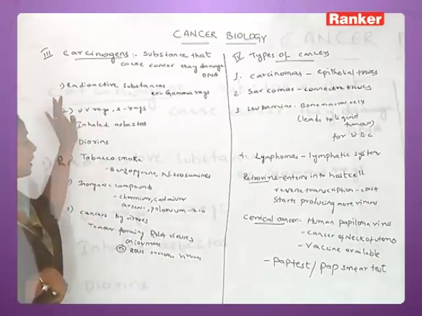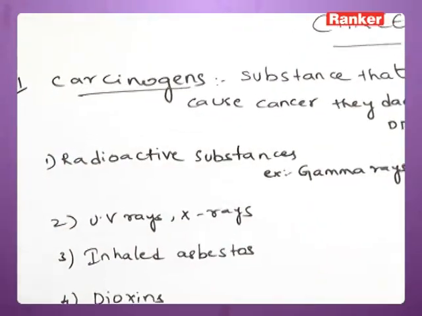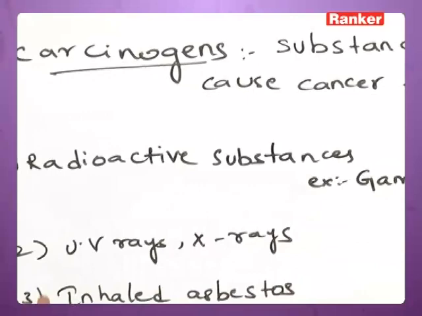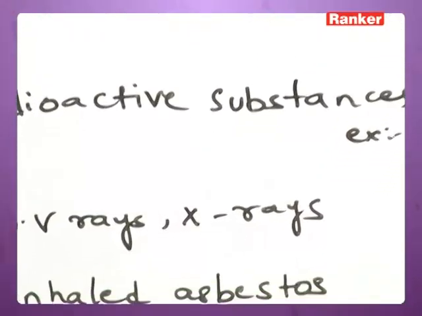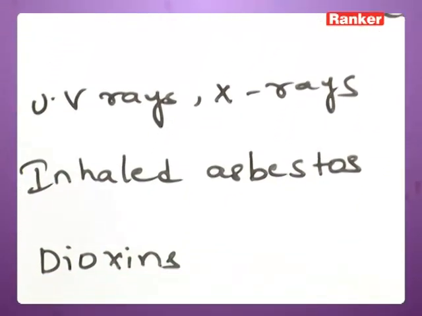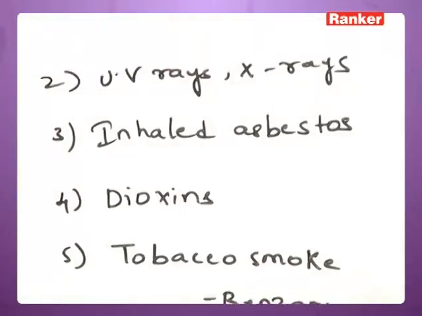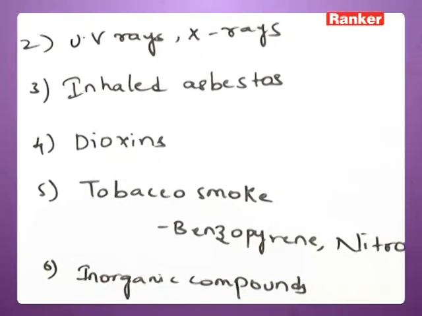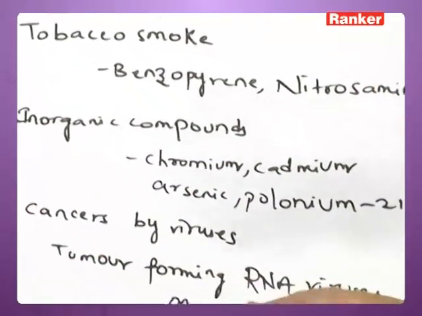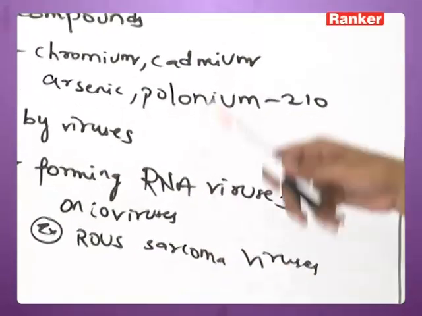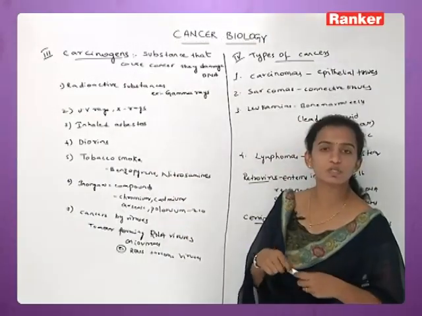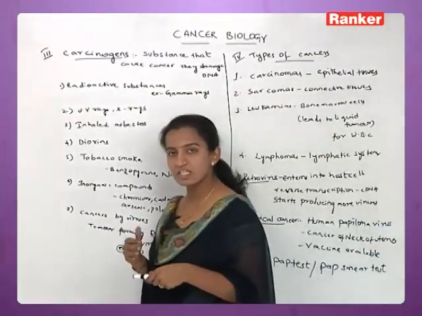Here you can see radioactive substances like gamma rays, UV rays, X-rays, inhaled asbestos and dioxins. Then you can see tobacco smoke and inorganic compounds, cancer-causing viruses, tumor-forming RNA viruses. So these different sorts of things are present which actually cause your cancer.